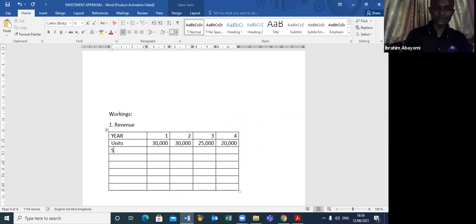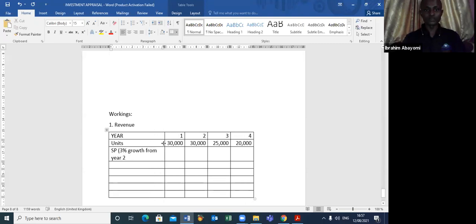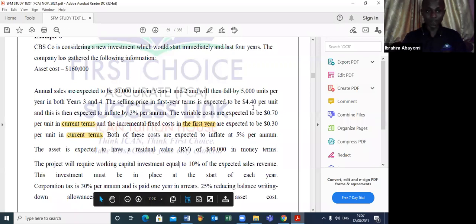Selling price, which is what? It's going to increase by 3% growth, starting from year 2. What is the selling price in year 1? 4.4.